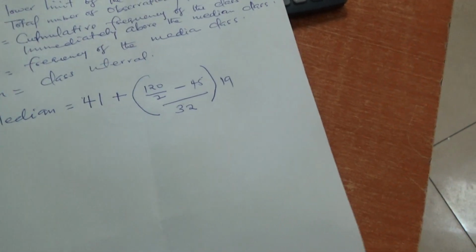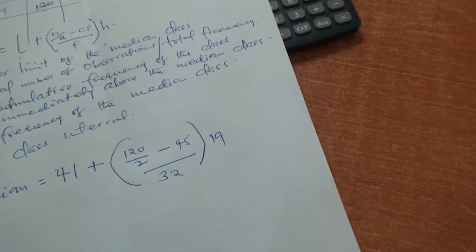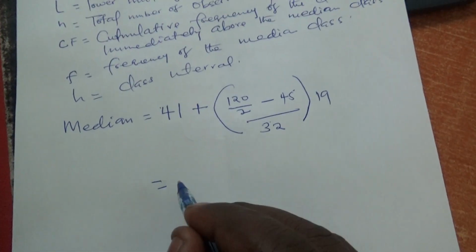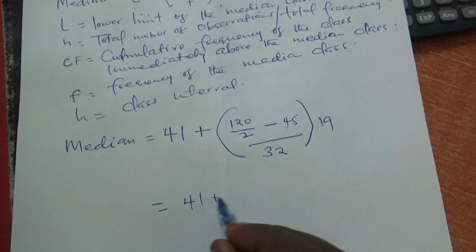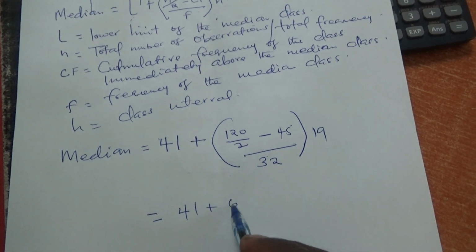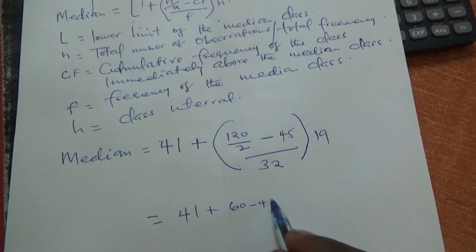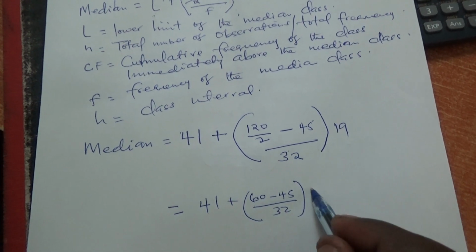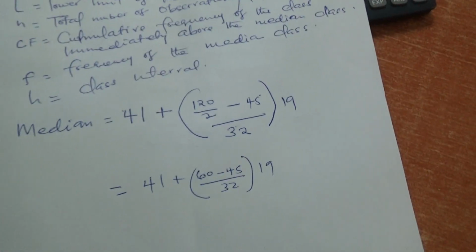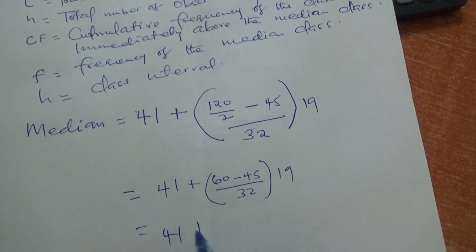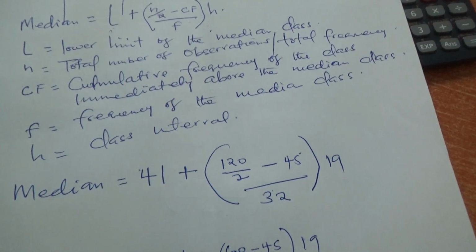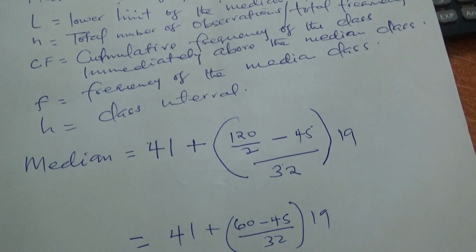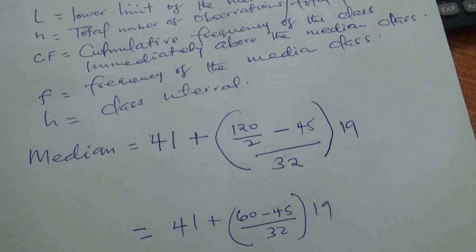So the median is going to be 41 plus (60 minus 45) divided by 32, times 19. So it is 41 plus 15 over 32 times 19.